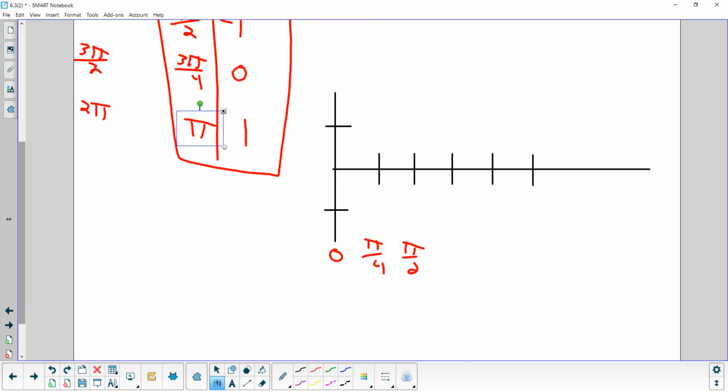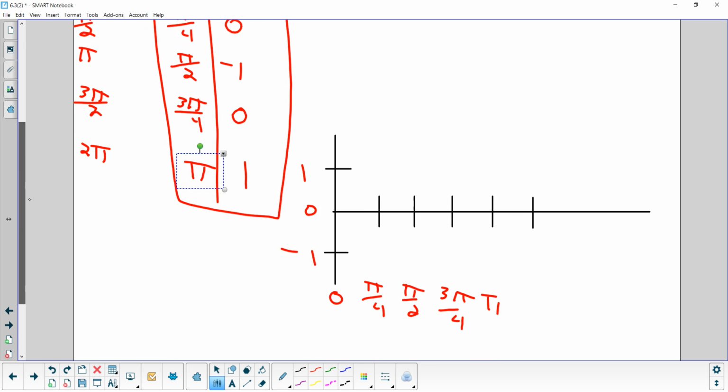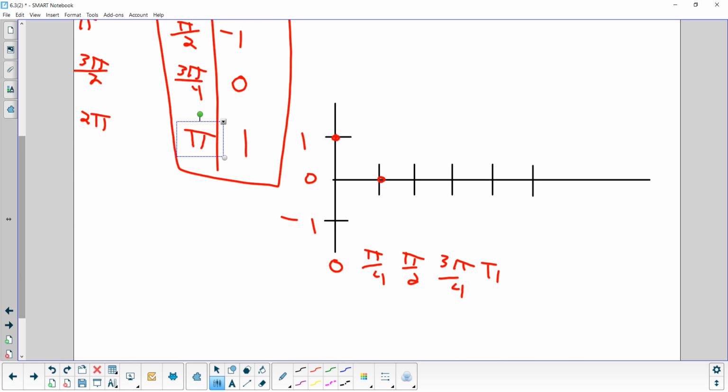Pi over 4, pi over 2, and plot our points. 1, 0, negative 1, 0, 1. Questions on that one?